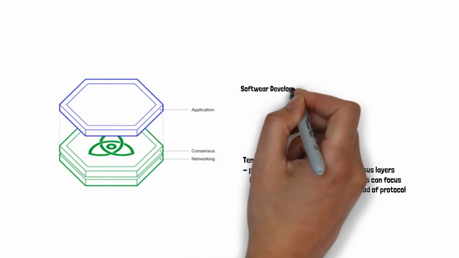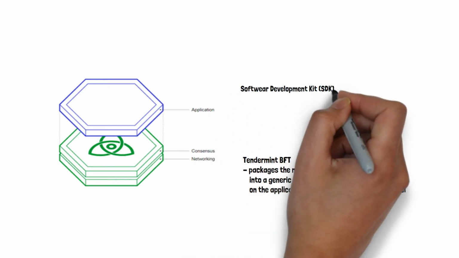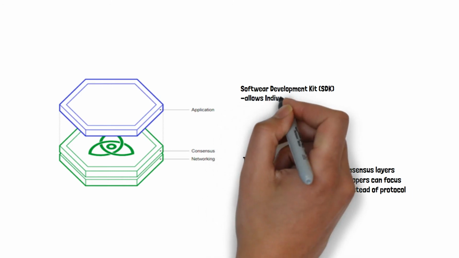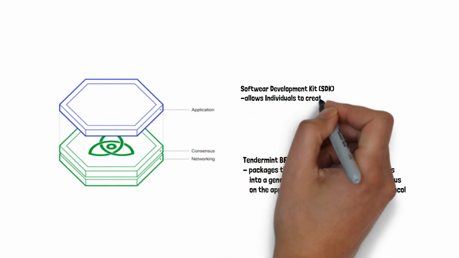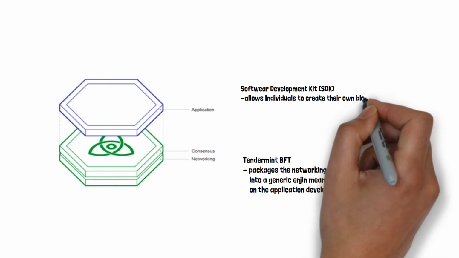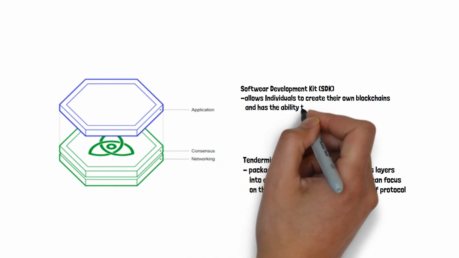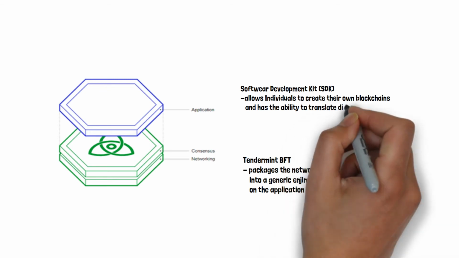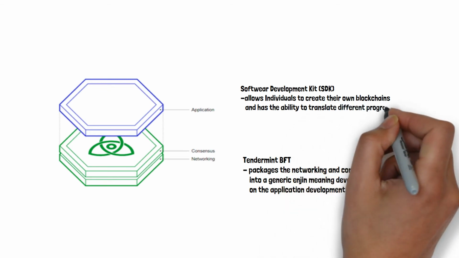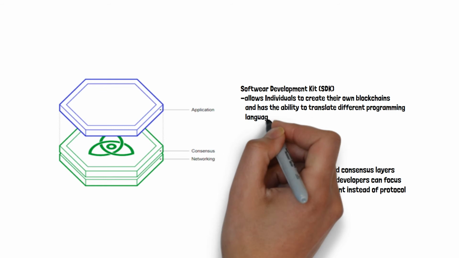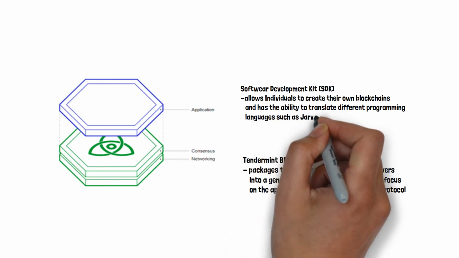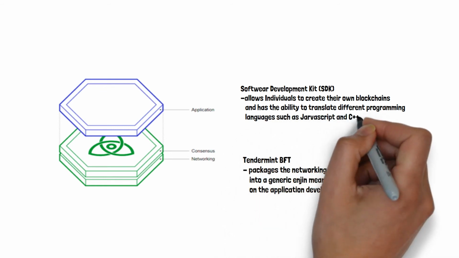The second layer is the application layer, where the Cosmos SDK, short for Software Development Kit, is used to allow individuals to create their own blockchains. This layer has the ability to translate many different programming languages, such as JavaScript and C++, into a language which Cosmos can understand.